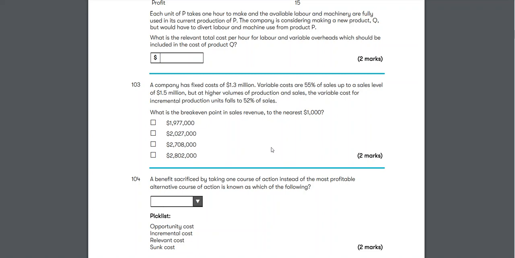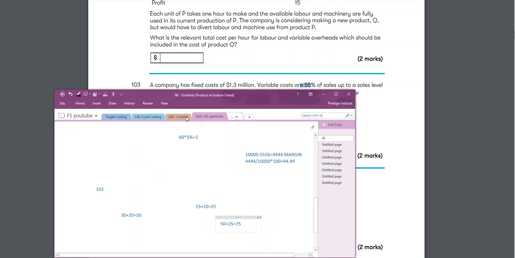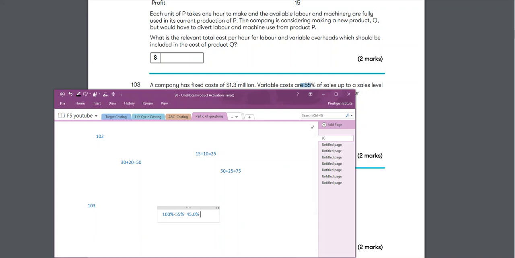Okay, so the problem here is that our variable cost at some point is 55%, which means if we subtract from 100%, we have a 45% contribution margin. This is like the CS ratio, contribution to sales ratio.